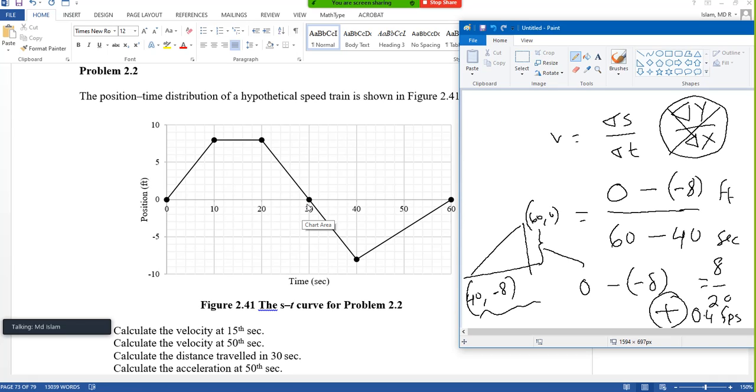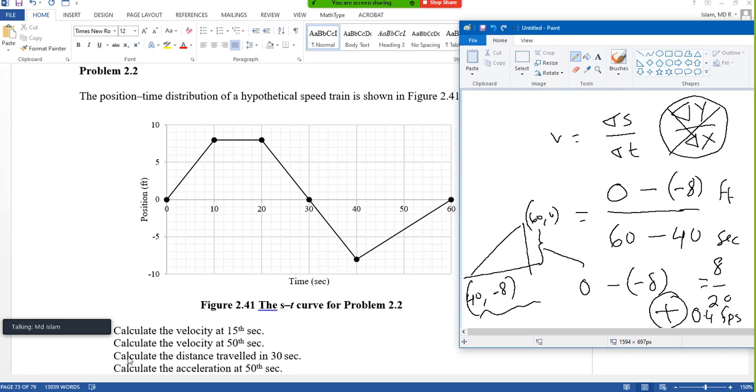Tricky means, as I told earlier, there's a difference between distance and displacement. If I go to Denver 100 miles, come back to Pueblo 100 miles, the total displacement is 0, but my distance traveled is 200. So that is something to remember.